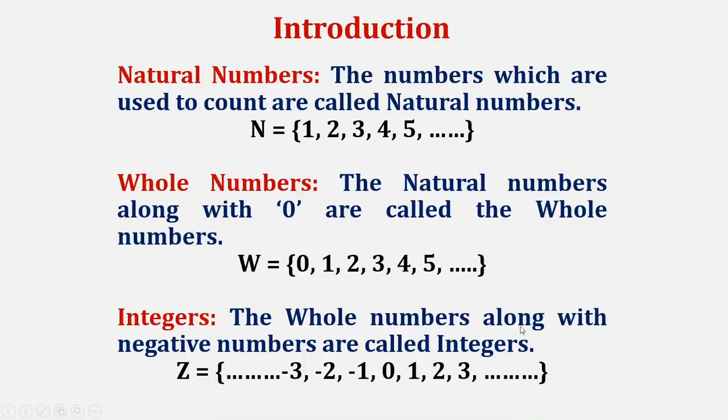So that's why the whole numbers along with the negative numbers are called integers. So integers are denoted by the letter capital Z. So capital Z is equal to set of minus infinity to minus 3, minus 2, minus 1, 0, plus 1, plus 2, plus 3 and so on up to plus infinity.